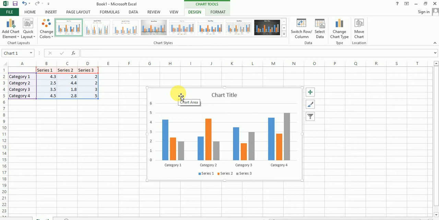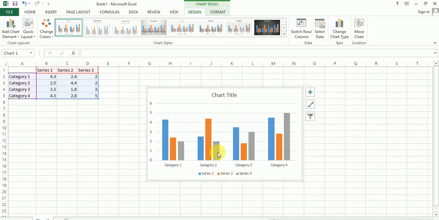So, components of a chart. This one is called the chart area. Next, category axis. Actually, this one is called category.